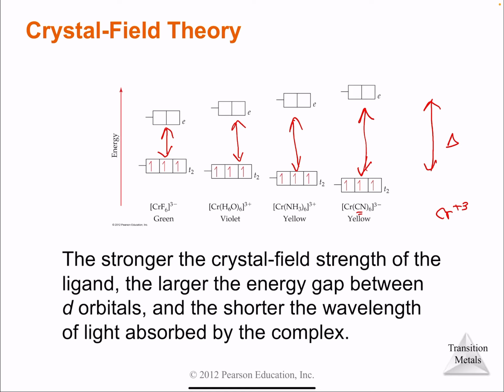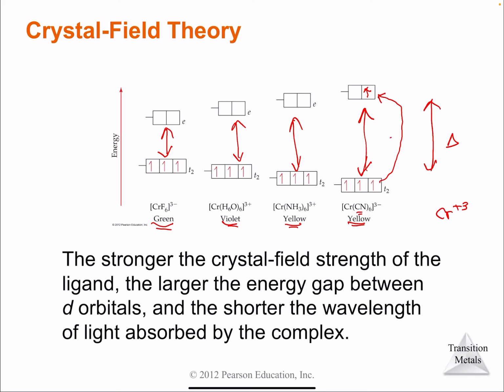So you can see that the color changes. You go from green to violet to yellow, and both of these are pretty much high splitting energy, and the color is yellow. We mentioned that the electrons actually get excited when light hits them. They get excited to the higher energy level.